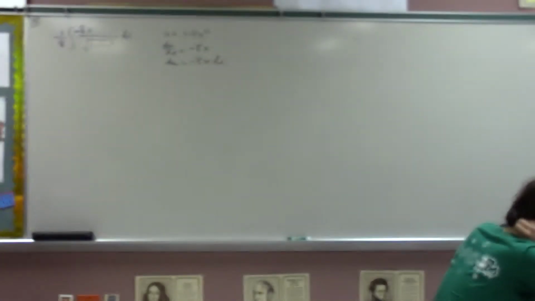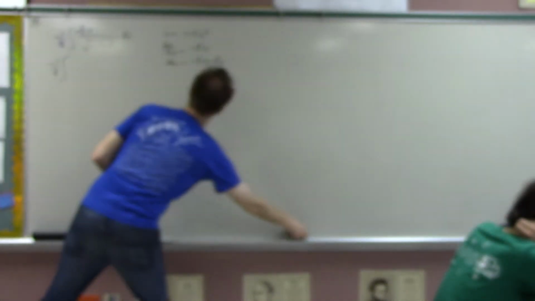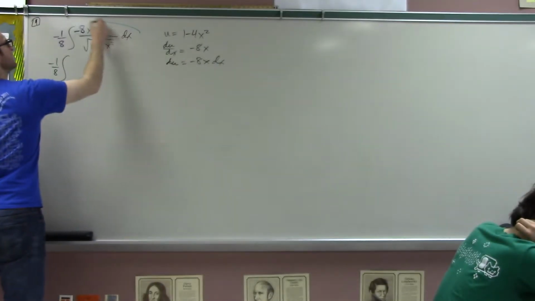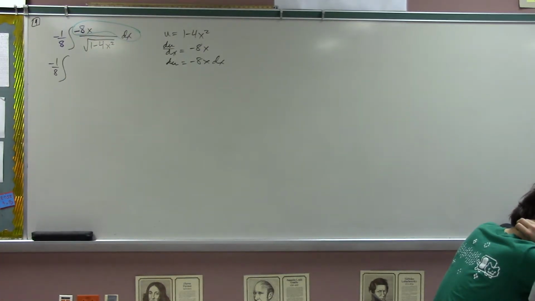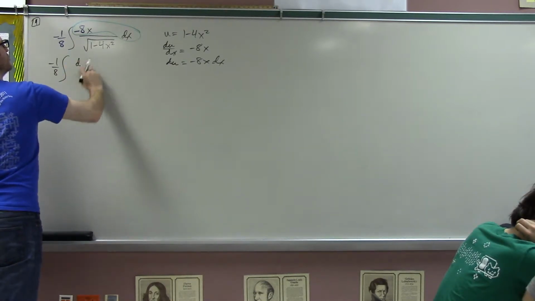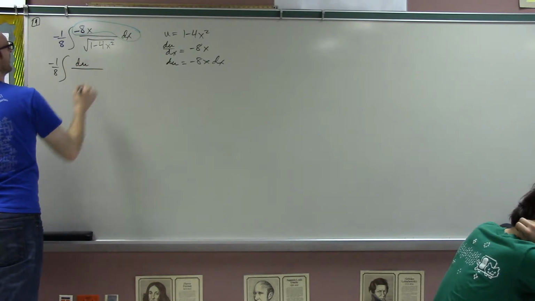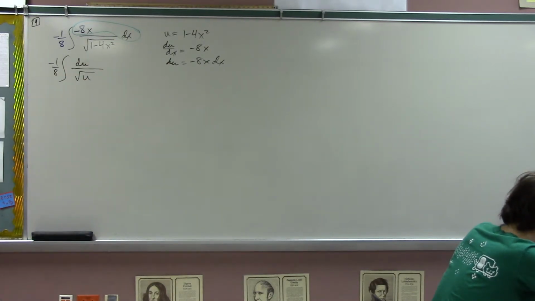Now I rewrite the antiderivative all in terms of my new variable u. Negative 8x dx is now exactly just du. You guys all mostly get this already? Okay, so what I have is du over the square root of u. Now I've successfully rewritten the problem as a u problem.